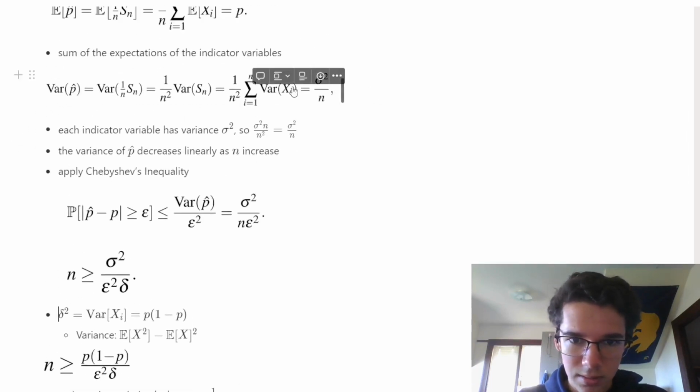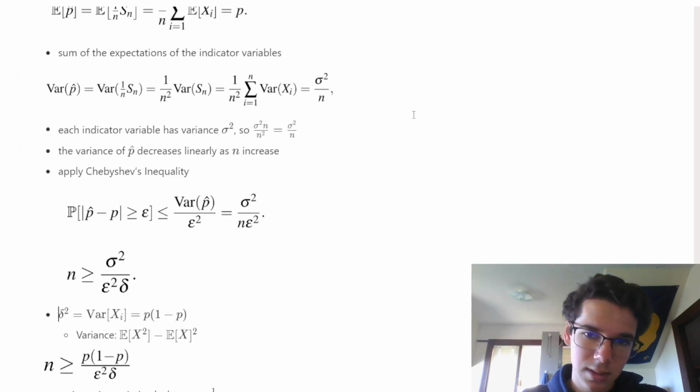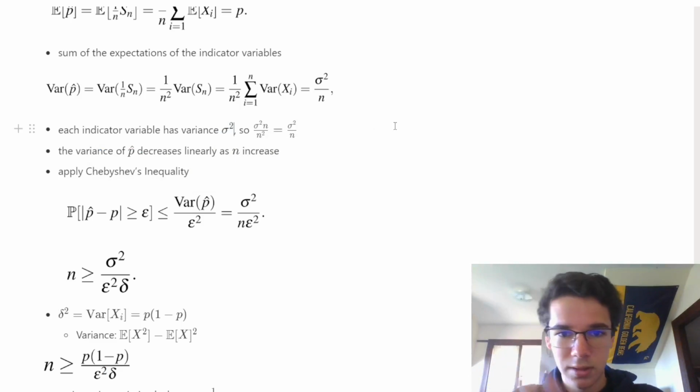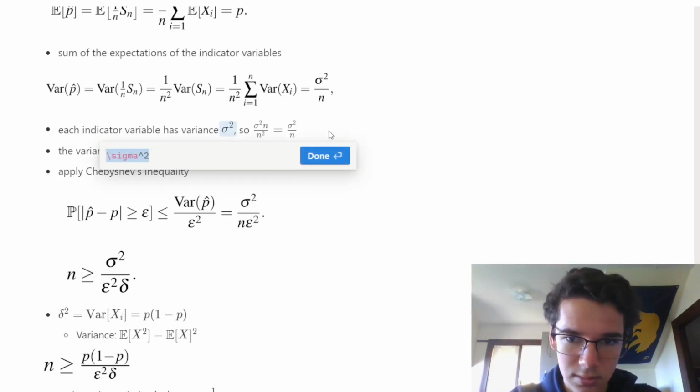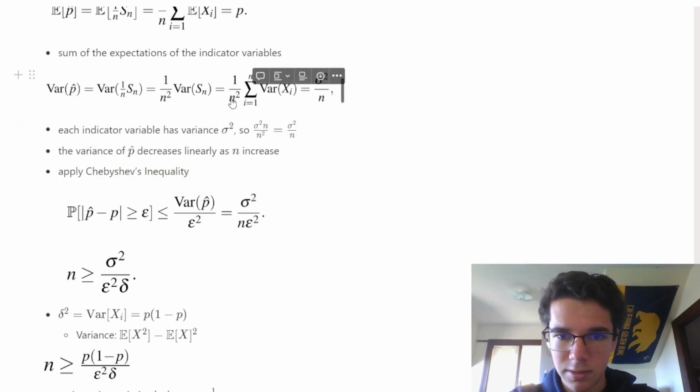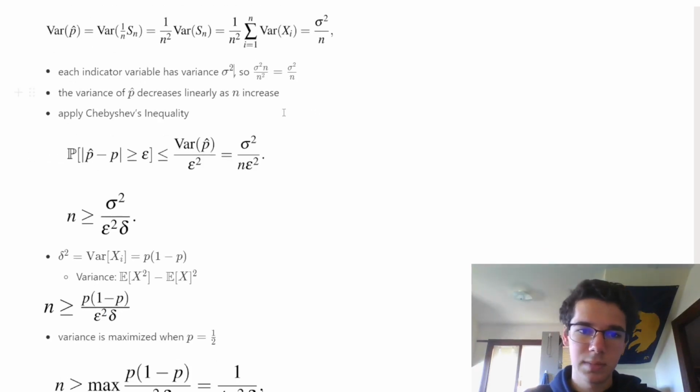And from there, we just want to sum up the variances of all the indicator variables. And we know that each indicator variable has a variance of sigma squared. Is that a sigma? Yeah. And so, sigma squared times n over this n squared right here is just going to give us the result of sigma squared over n.